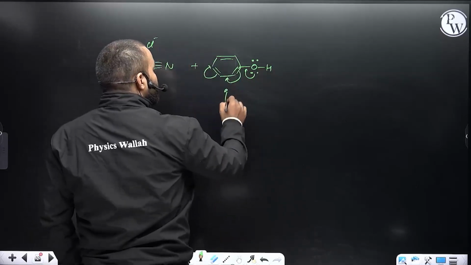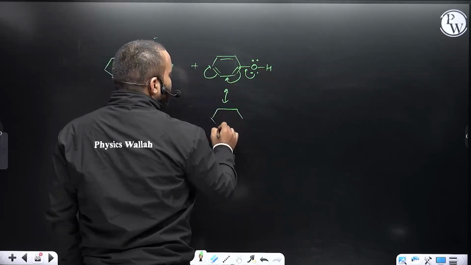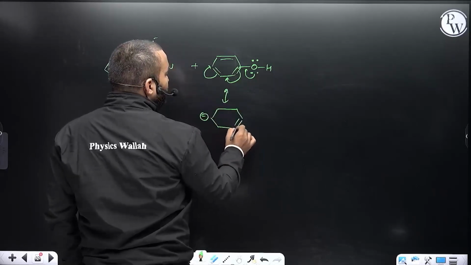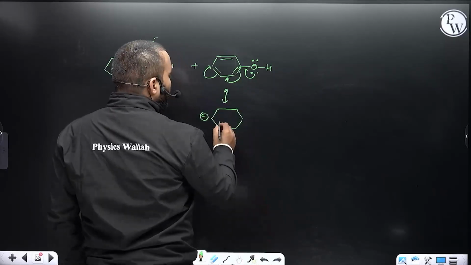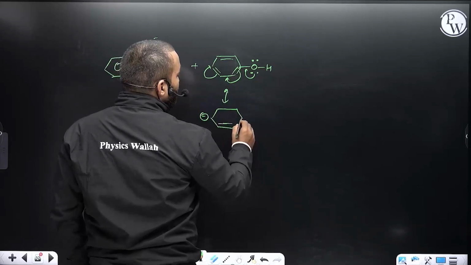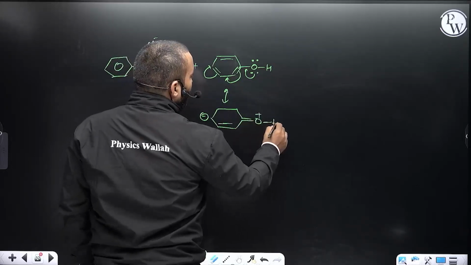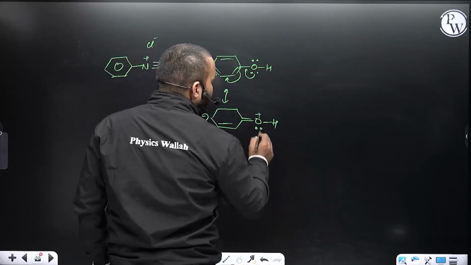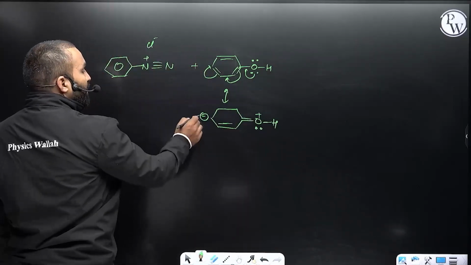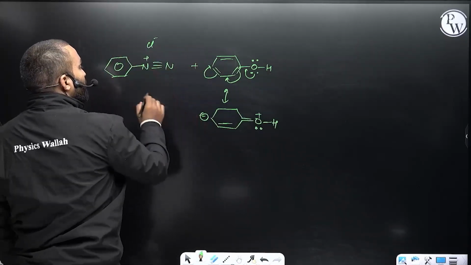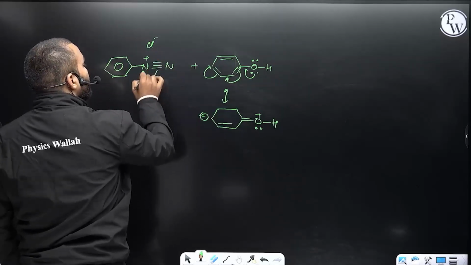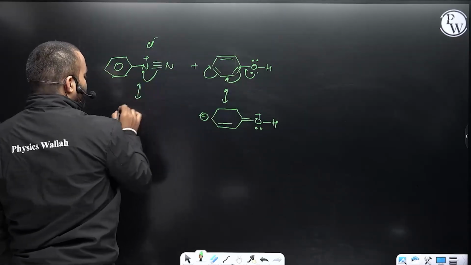If I write its resonating structure, you will realize that the electron density is very high on the para position. This negative charge attacks on the center. Before it attacks, the nitrogen pulls up its electron and forms another resonating structure.